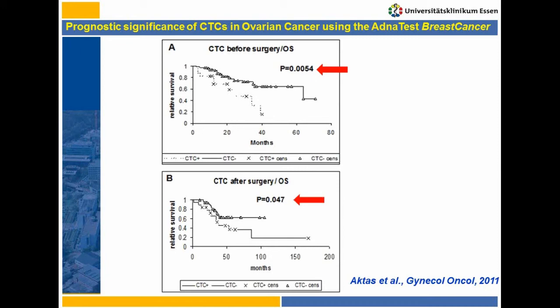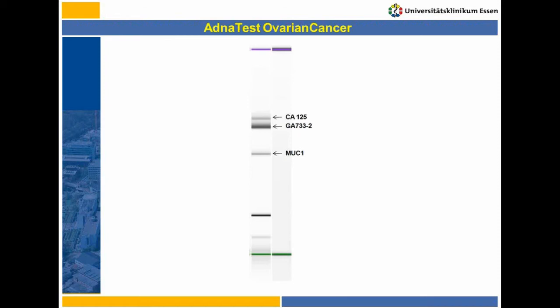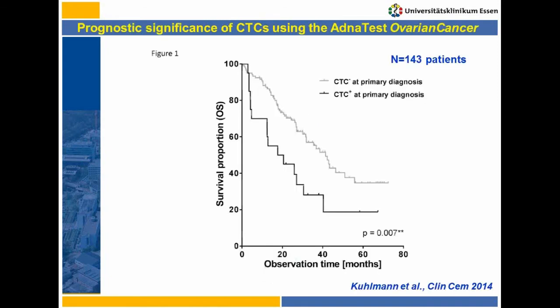Of course, we said, well, we have to adapt that to ovarian cancer, and then the test, which had been constructed afterwards, included the ovarian cancer antigen 12.5 and GA733-2. This is a synonym for EpCAM, and MAC1. And so we made the next step and analyzed patients using this test.